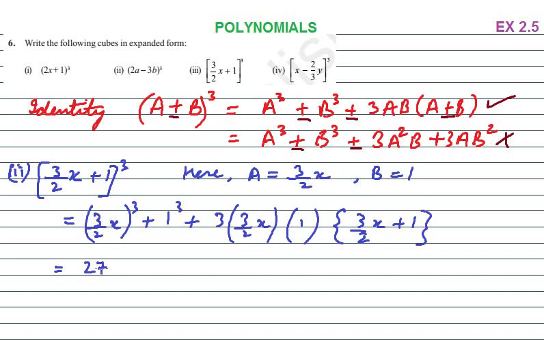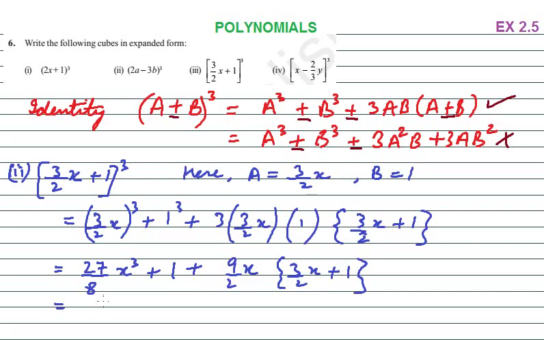Similarly, not 2 3s are 6, it will be 2 into 2 into 2, that will be 8. And x cube will remain x cube. 1 cube is 1. 3 3s are 9 upon 2 times x, (3 by 2x plus 1).